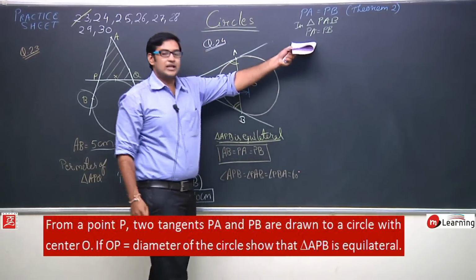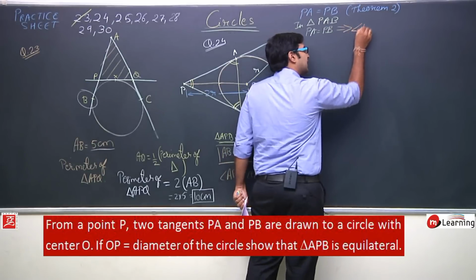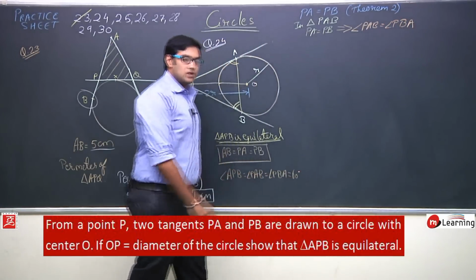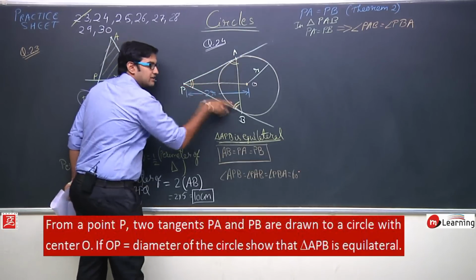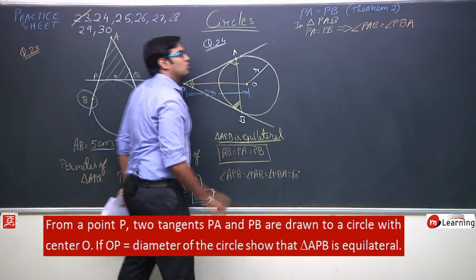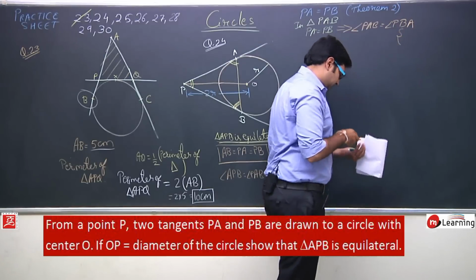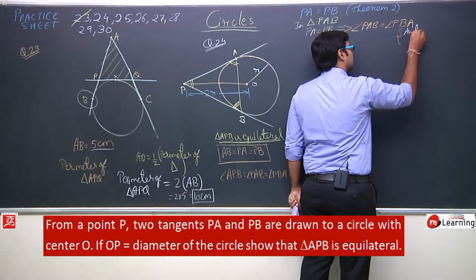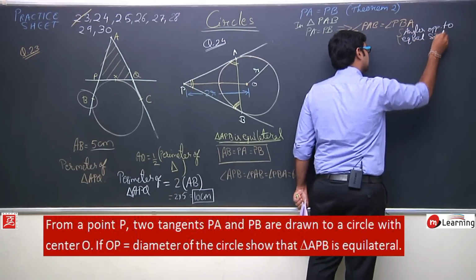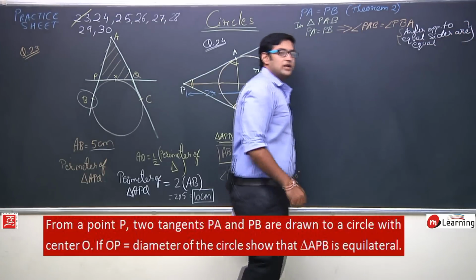We deduced that PA is equal to PB, so I can say that PA equal to PB implies that angle PAB is equal to angle PBA. Because in this triangle this side and this side are equal, so I can say the angles opposite to them will also be equal. And what is the reason for this particular condition? That angles opposite to equal sides are equal. Angles opposite to equal sides are equal.